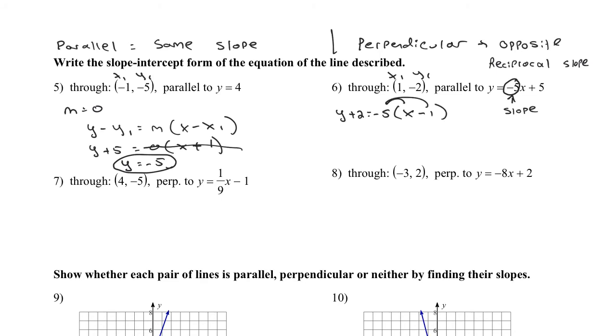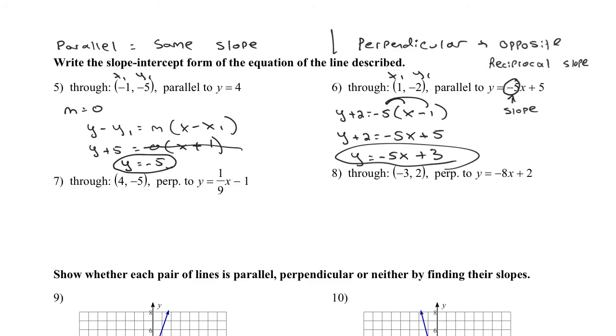Distribute that -5, and we get y plus 2 is equal to -5x plus 5. Subtract 2 from both sides, and we get y is equal to -5x plus 3. So that would be the equation of our line here.